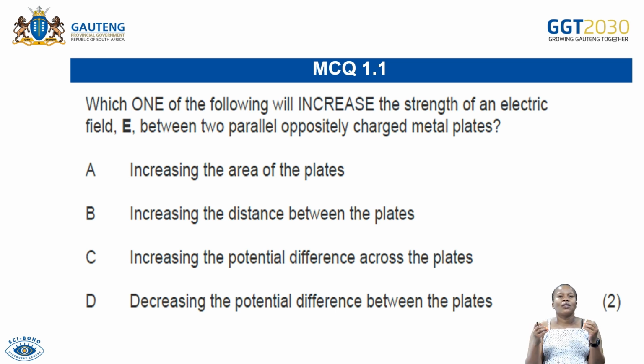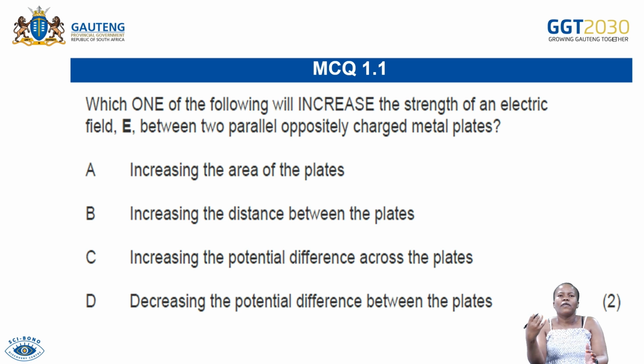But now we're looking at the one that will increase the strength of the electric field, which is capital letter E. So what should we do to be able to increase the strength of the electric field between these 2 oppositely charged parallel plates? Is it A, increase the area between the plates, or B, increase the distance between the plates, C, increasing the potential difference across the plates, or D, decreasing the potential difference between the plates?